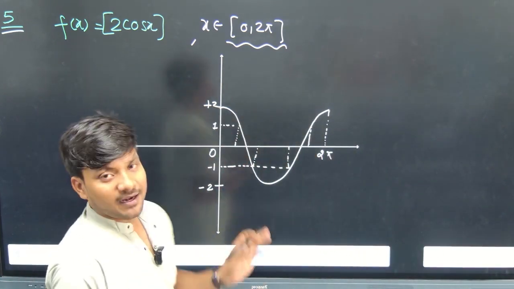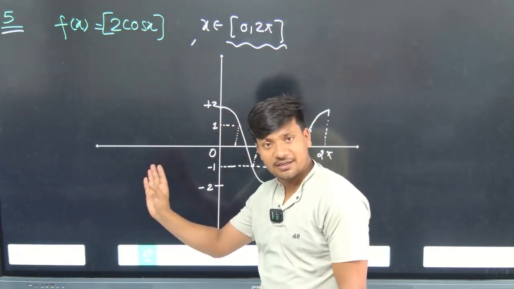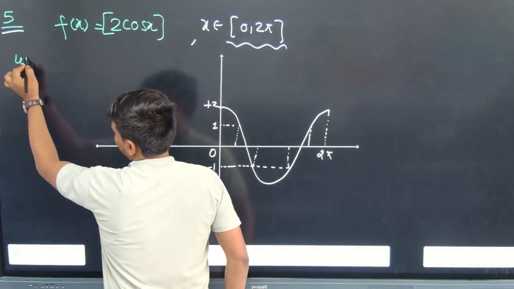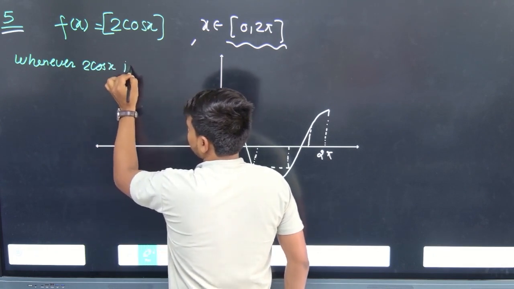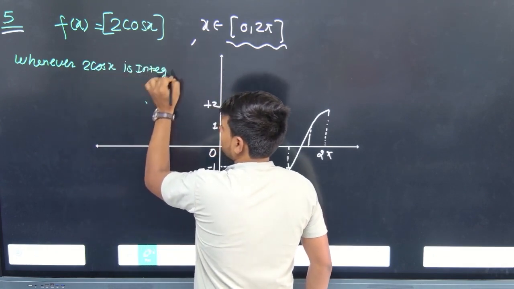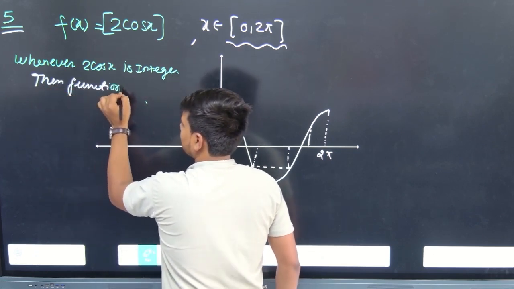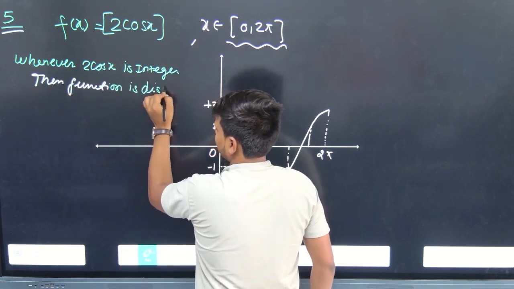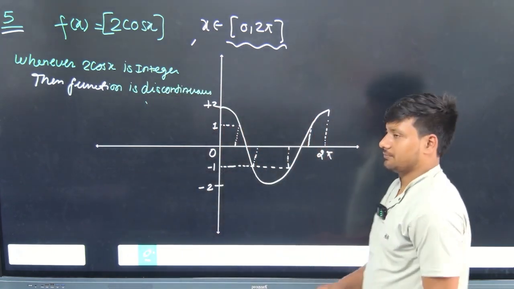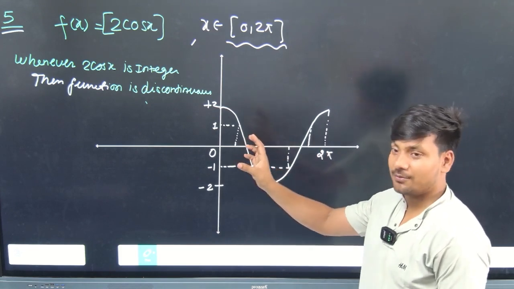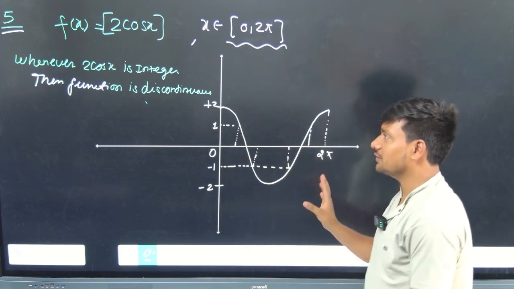Now we will find the points of discontinuity with the help of our concept. So our concept is whenever 2 cos x is an integer, then the function is discontinuous. But there are some points we have to note for this concept, because this is a periodic function, so you have to see that.